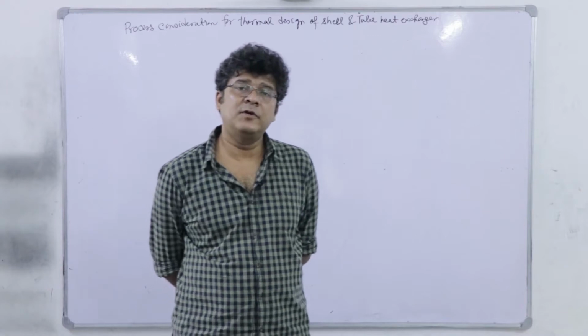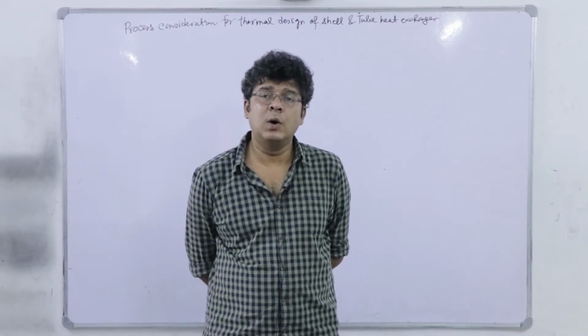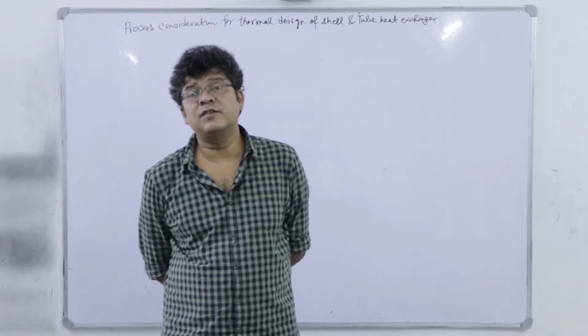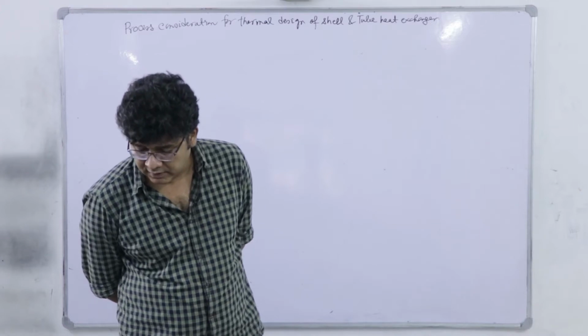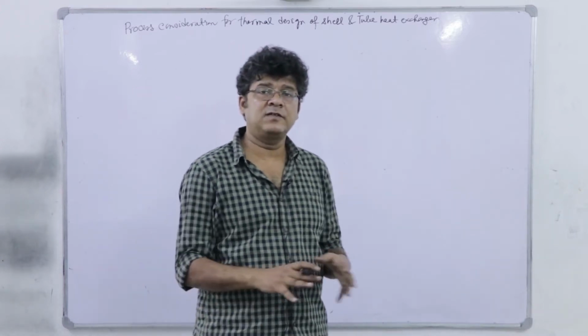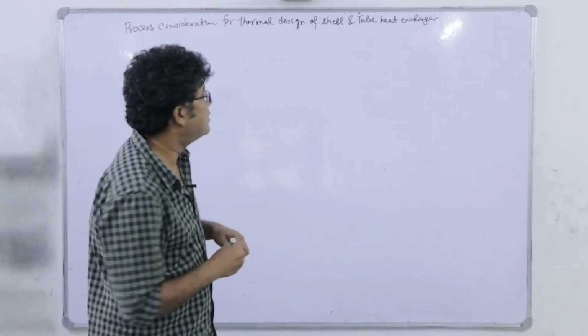And finally, before we discuss the design, we have to know the pressure drop calculations. So, we will start with this log mean temperature difference correction factor and the fouling factor.